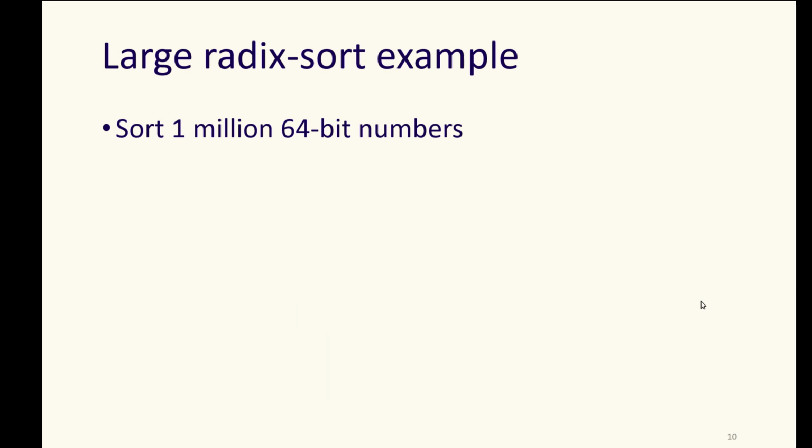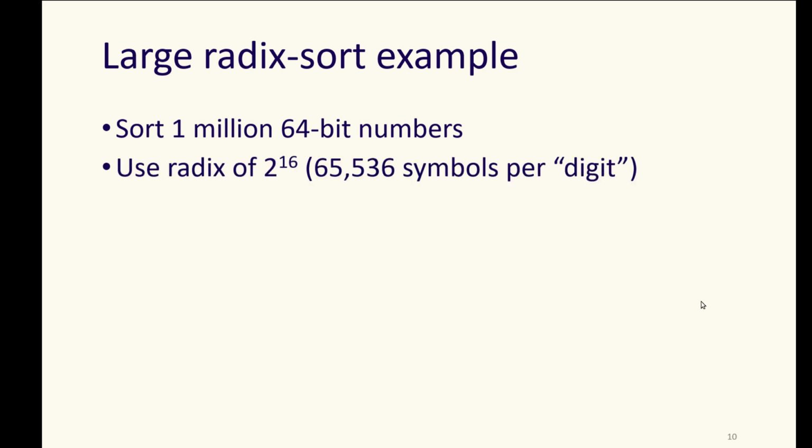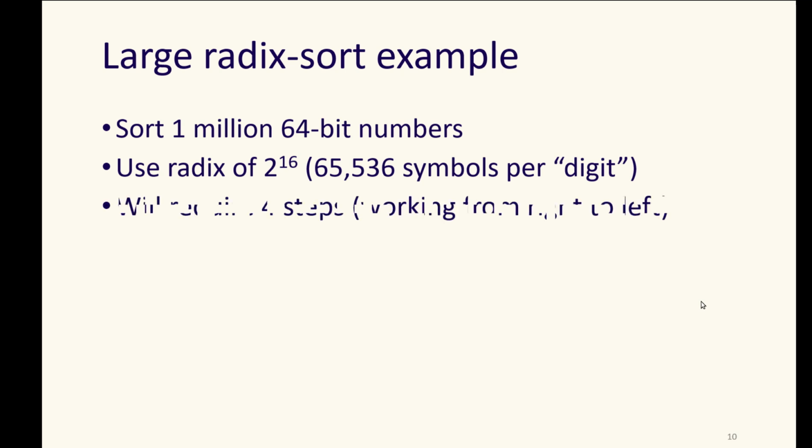So to look at an example of radix sort, if we sort 1,000,000 64-bit integers, we could use a radix of 2 to the 16th, meaning that our buckets would hold from 0 to 2 to the 16th minus 1, and then to the 16th, so on outward for each of those buckets. So that gives us about 65 or 66,000 symbols per digit or per the buckets that we're going to use in those.